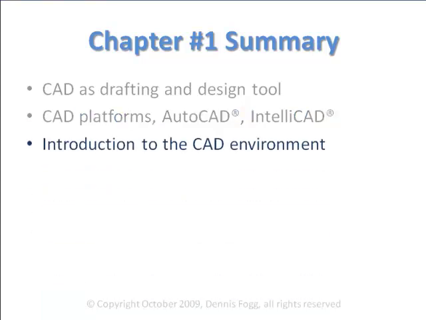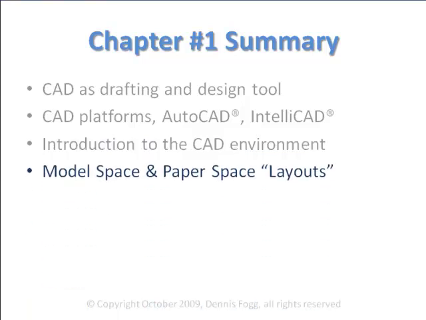In looking at the CAD environment, we found the familiar Windows components like menus and toolbars that we're used to seeing in other Windows programs. We now understand that model space is a full-scale electronic representation of the real world, and that paper space is used to create printed layouts of our model space.